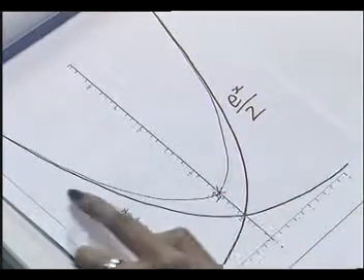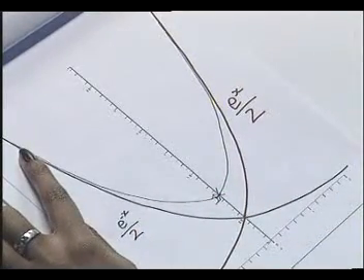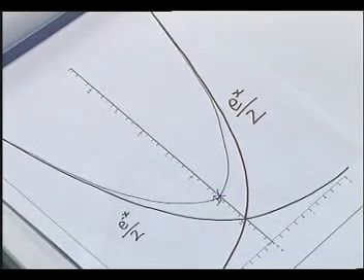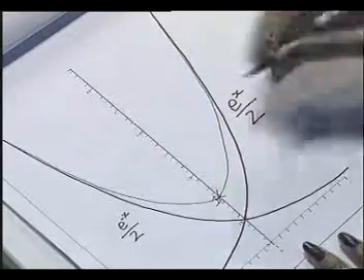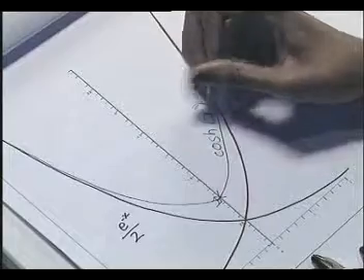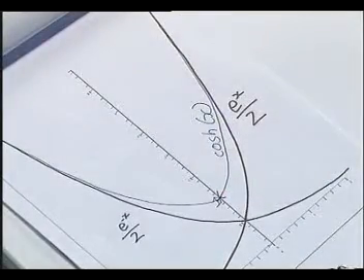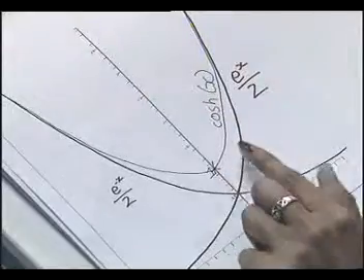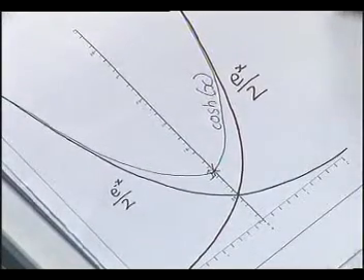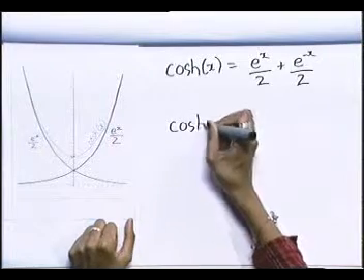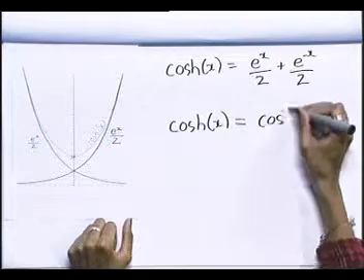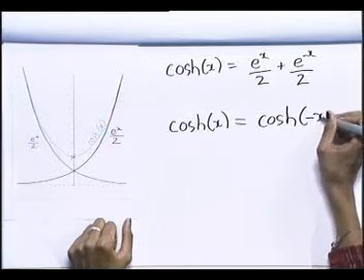As x gets more negative, the graphs get closer together, but the graph will always stay above e to the minus x over 2. So here is a graph of cosh x. Now you can see that this graph is symmetric about the y-axis, and that tells us that cosh x is always equal to cosh of minus x.